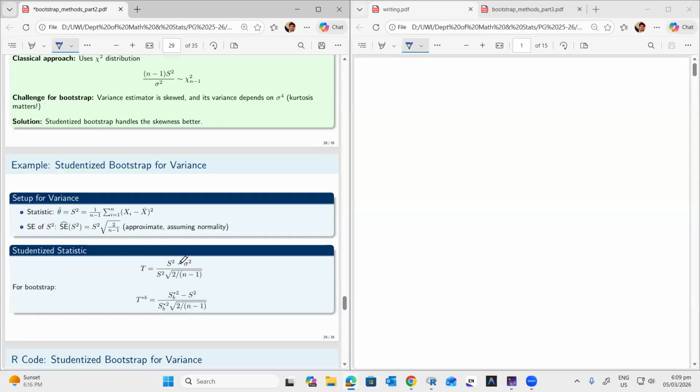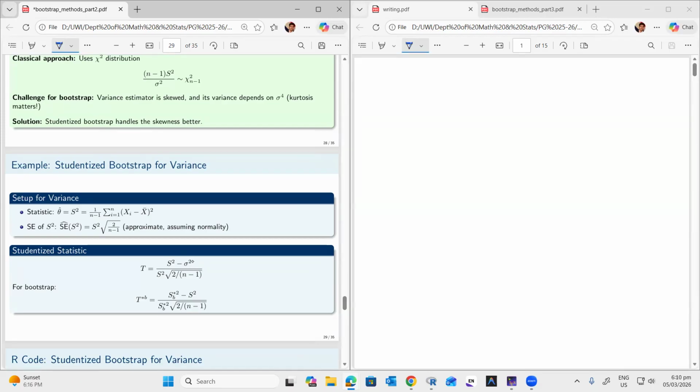So instead of chi-square, we are going to use the studentized bootstrap for variance. For that, first we find the theta cap, that is our sample standard deviation.